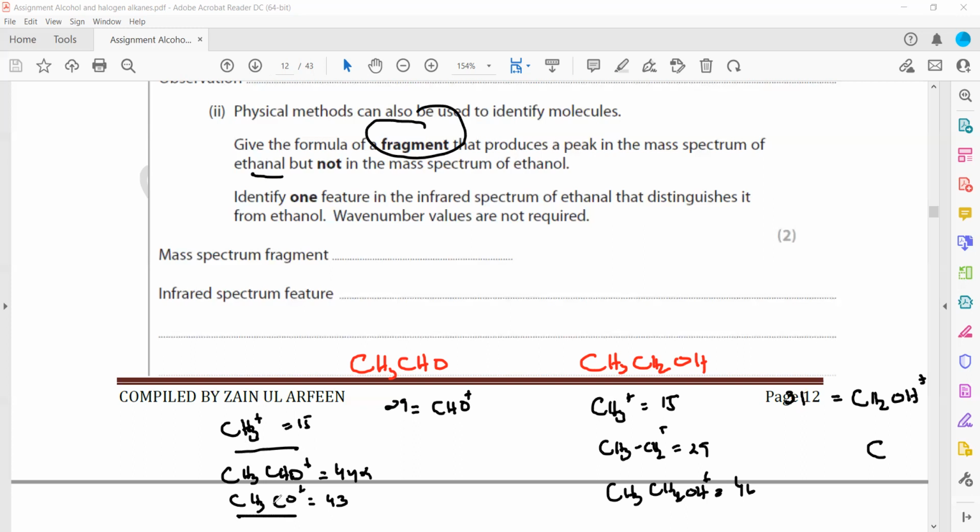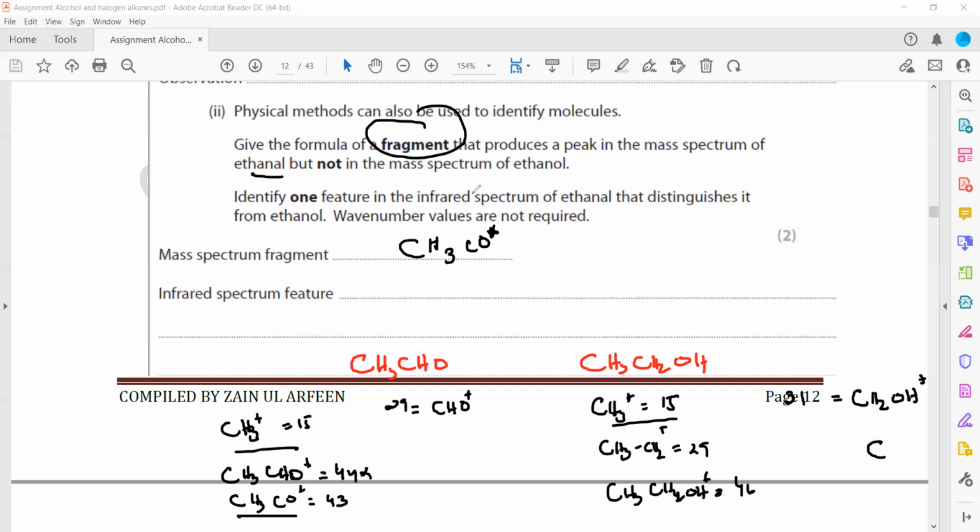CH3 is already there. But CH3CO is 43, and we don't find any peak of 43 in ethanol. So that's why the peak which will be there in the mass spectrum of ethanal but not in ethanol is CH3CO.